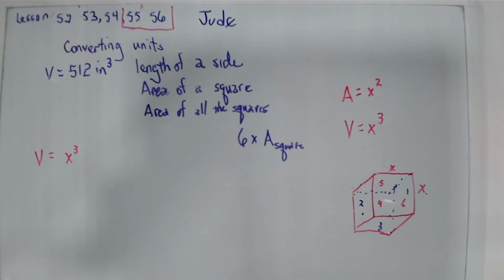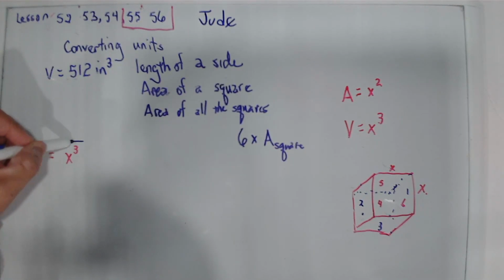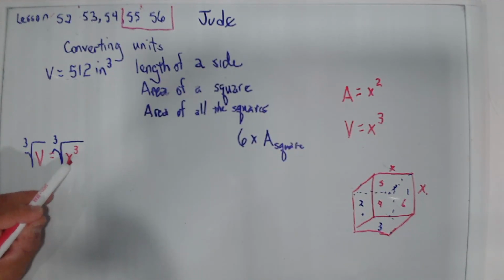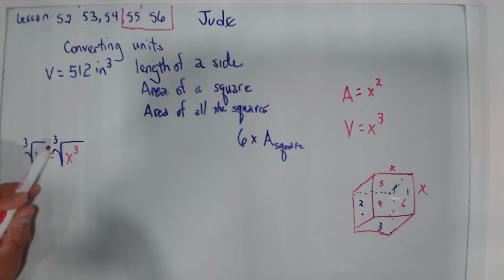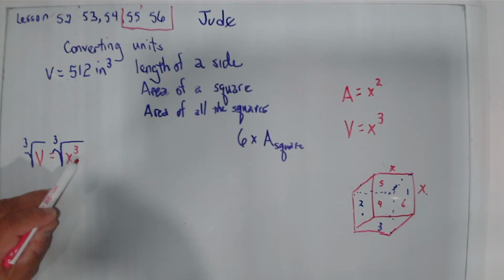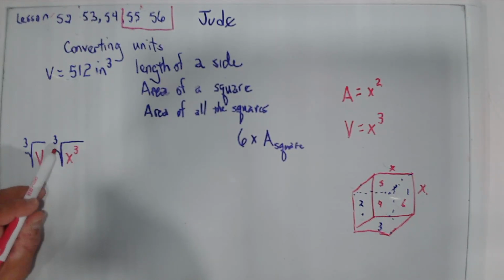So what do we have to do? Well, the opposite of cubing something is to take the cube root of each side, and that makes sense, right? When you take something to the exponent, the opposite is going to be the root. Like cube root, if you cube it, the opposite would be the cube root.